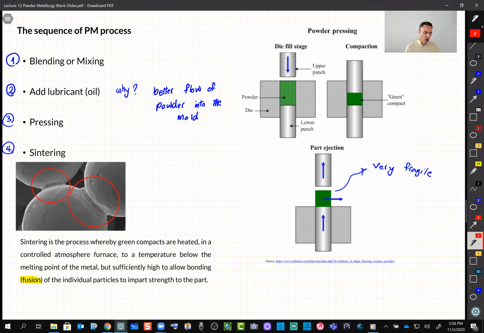There is some research where people try to use water-based lubricant, because after the oil evaporates, of course, it's going to create maybe smoke, and they need to have some exhausting system. But yeah, it evaporates. All right.